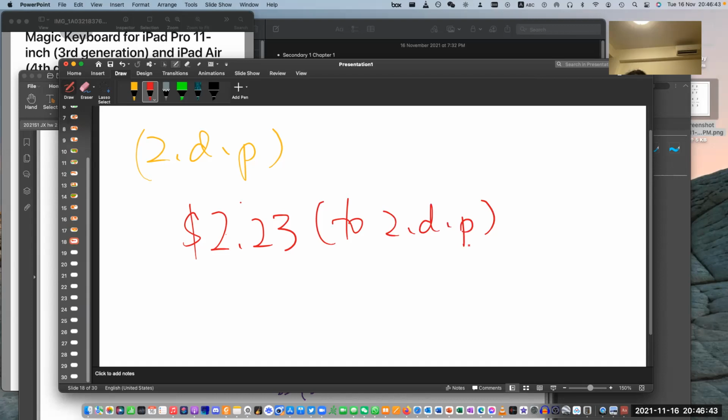Because beyond cent, I don't know how you are going to transact. Even these days we are not talking about cent already, because there is no 1 cent in Singapore. Last time it used to have 1 cent, but these days we don't talk about cent anymore. But generally, we accept the fact that for money, for amounts in dollars, we use two decimal places. So I think you know why we need to learn 2 decimal places.